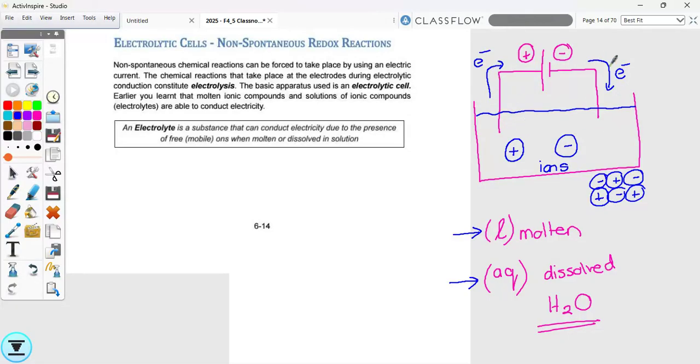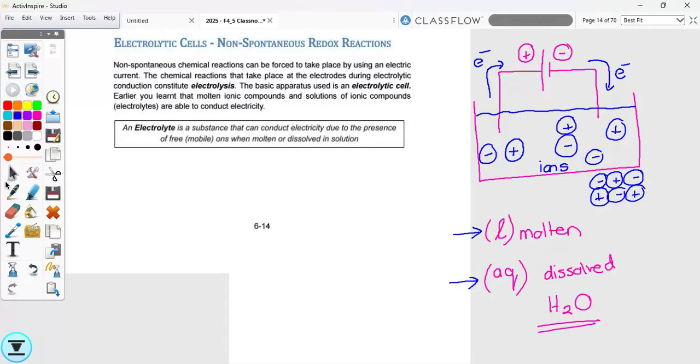But electrons, on the other hand, cannot swim. They cannot move through liquids. They move in the metal, and then they are transferred to these ions that are now swimming around in this liquid. So these things are just ions swimming around.